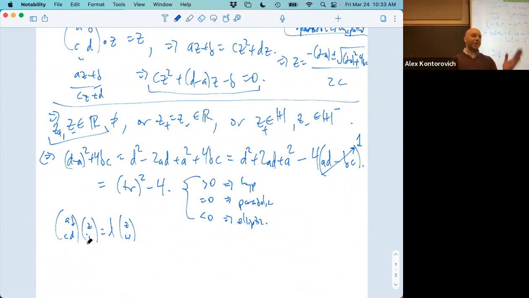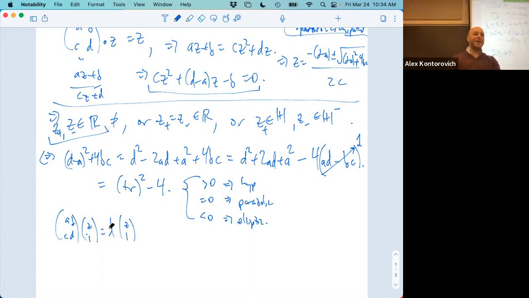I get to rescale my eigenvector. So let's say we set this to be Z1. To be an eigenvector, this is going to be some eigenvalue times Z1. And so that's a fixed point.